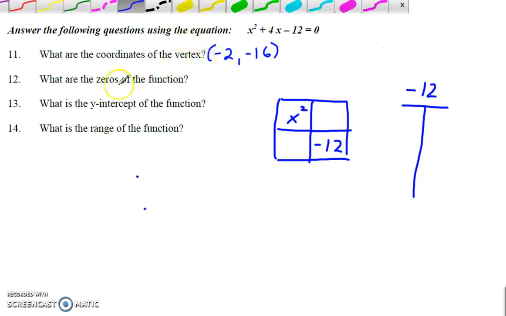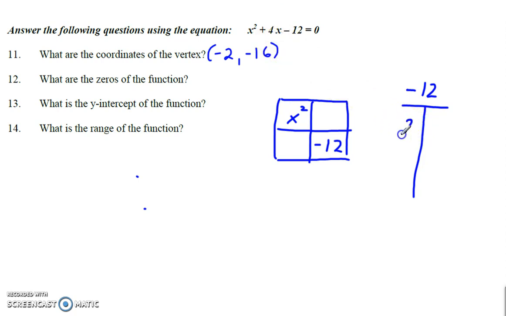Next, number 12. What are the zeros of the function? That means solve this and find what values for x make this 0. So we make a box because it's a trinomial. Negative 12, what multiplies to negative 12 and gives me positive 4? Well, I have 2 times 6, those are 4 apart, and we want positive 4, so I'll make the 2 negative. Negative 2x and 6x.